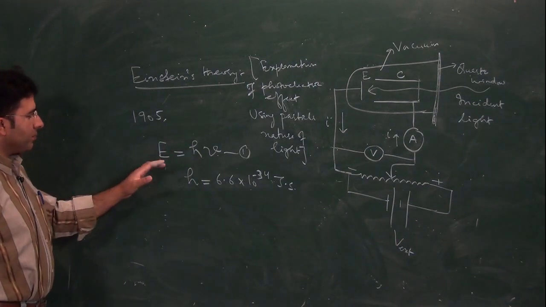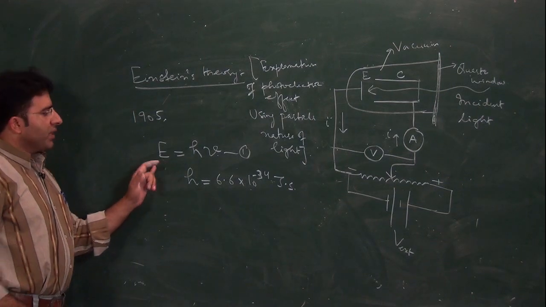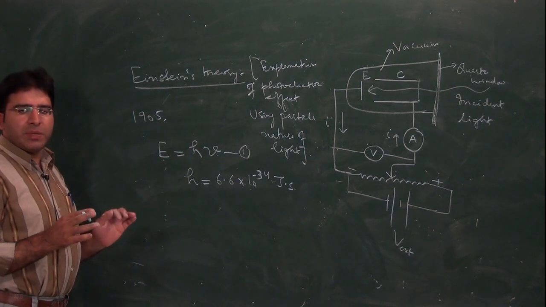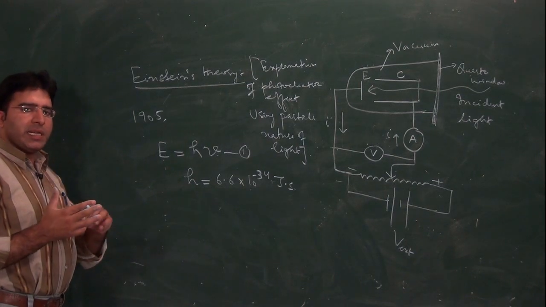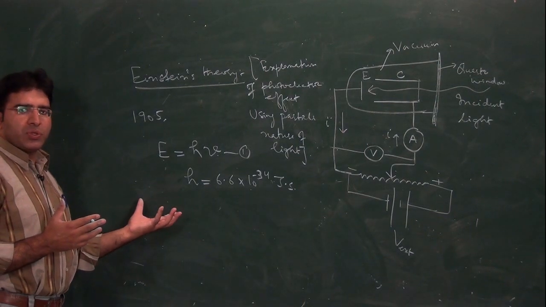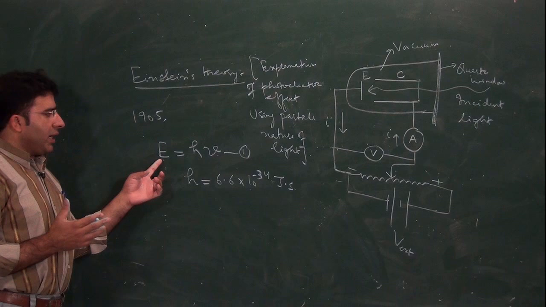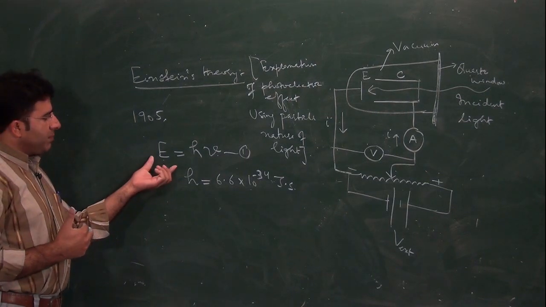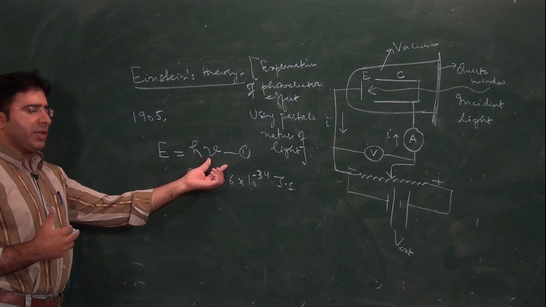See how. Einstein said you have to treat light as a stream of particles. These particles are energy packets. They are not routine particles like some stone. They are energy packets. Each packet has energy proportional to frequency.